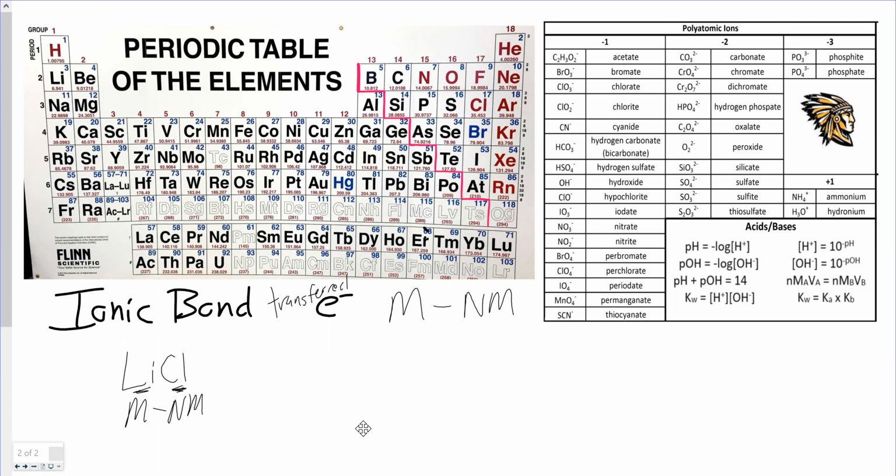Can somebody tell me anything they know about metals in terms of electrons or charges? For instance, what charge does a metal always form?